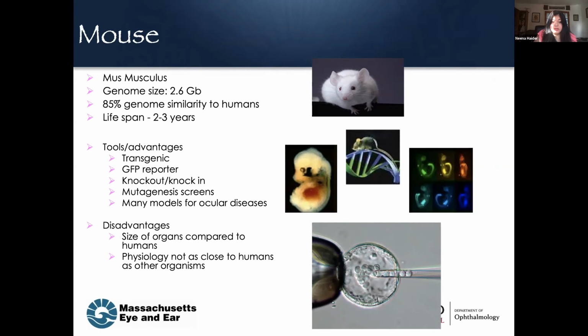You can knock a gene out, you can knock a gene in. There are many mutagenesis screens that were performed that then have a plethora of animals to work with. And so they give you really a lot of different models for ocular diseases. Disadvantages when using the mouse are the organ size compared to humans, and the physiology just does not resemble humans as closely as other organisms.